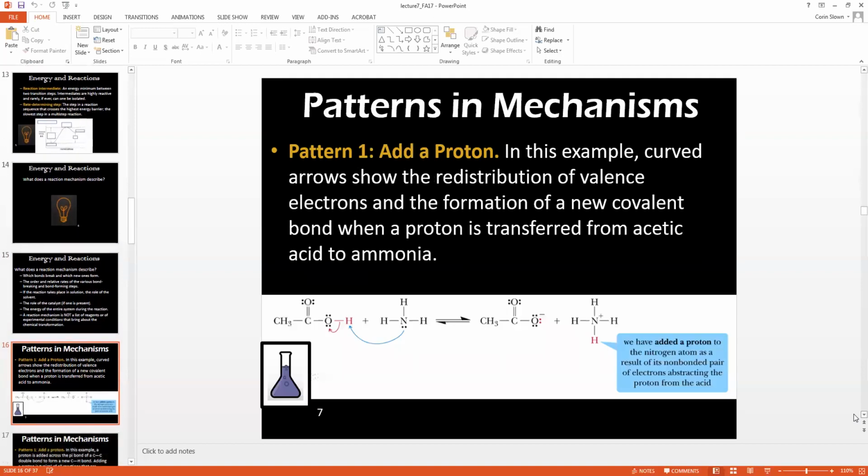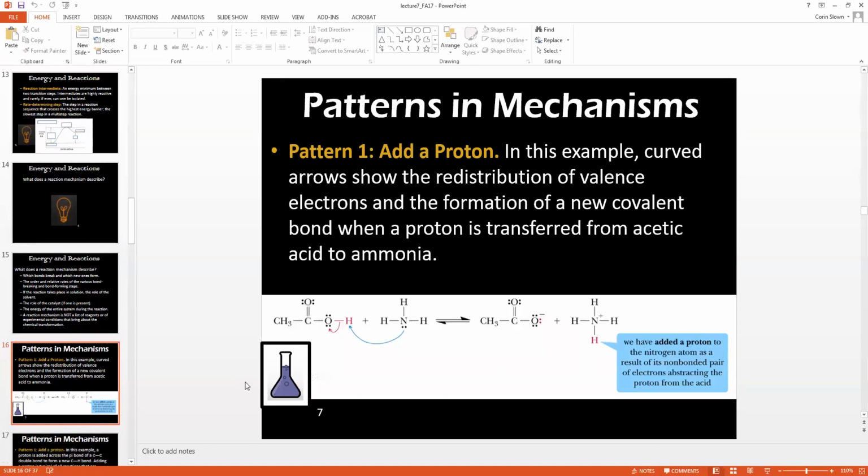So let's think about patterns. The first pattern in mechanisms that we're going to explore is adding a proton. In this example, curved arrows are going to show the redistribution of valence electrons while we're forming new covalent bonds when I take a proton from acetic acid using the base ammonia. Notice I have this symbol now.